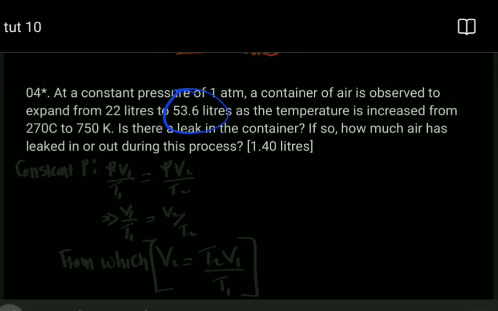Okay, so at constant pressure, we know that what we have is P V1 over T1 being equal to P V2 over T2, but because the pressure is constant, it's going to cancel out in the expression. So we remain with V1 over T1 equals V2 over T2.